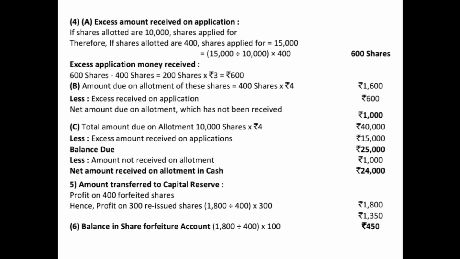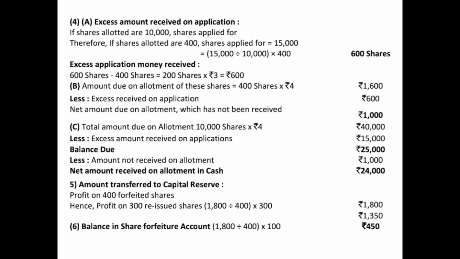You can see in this excess amount received on application, if shares allotted are 400, that means shares applied for was again number of shares applied under pro rata category, that is 15,000, upon number of shares allotted under pro rata category, that is 10,000, into number of shares allotted, that is 400. So that means 600 shares were the actual shares applied for.